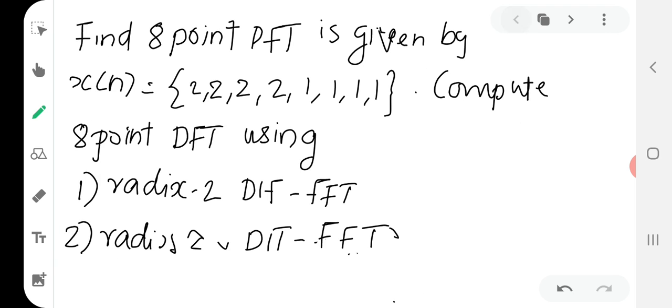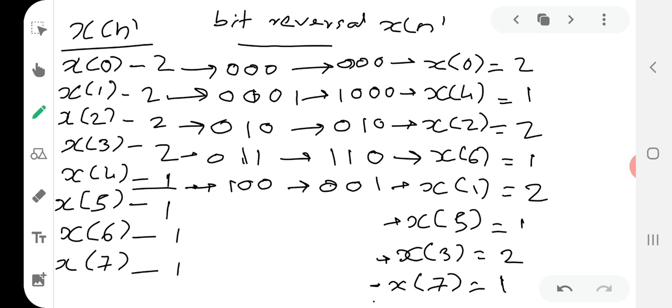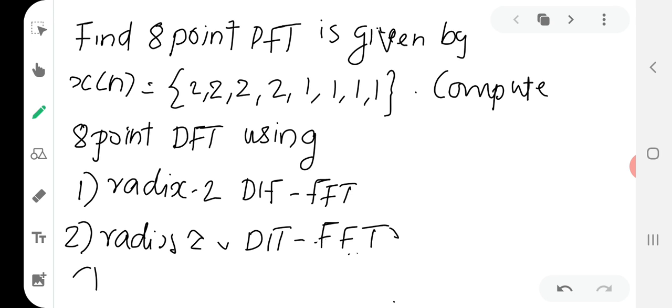Now the next step, the first stage of computation. In the first method we are using the DIT FFT method. In the DIT FFT method, how will we find the signals?